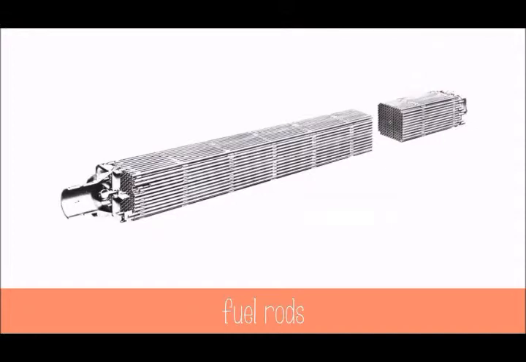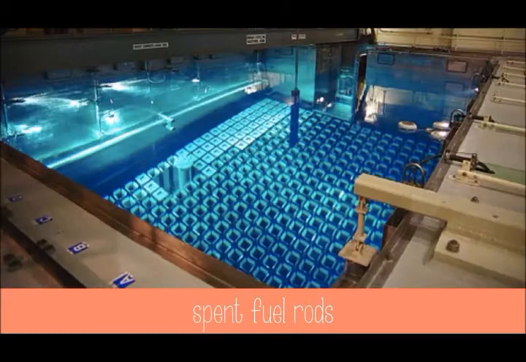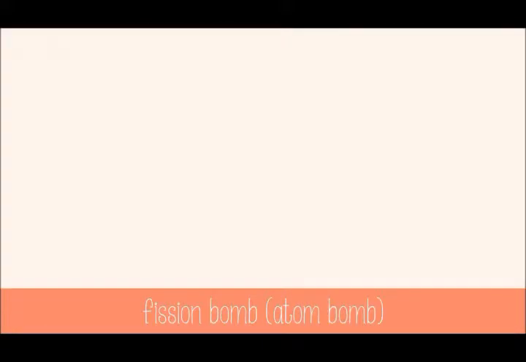There's no radioactive material in those cooling towers, just steam. The fuel rods are made of a metal which contains uranium-235 or plutonium-239. When the fuel rod is low in fissionable atoms, it is considered to be spent, used up. Spent fuel rods are still radioactive. They must be placed underwater in holding tanks to cool them down, and the water also acts as a shield to reduce radiation levels.